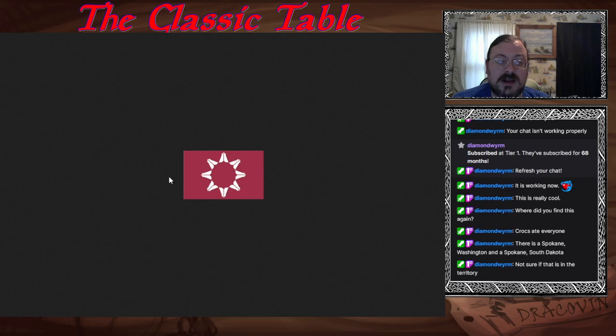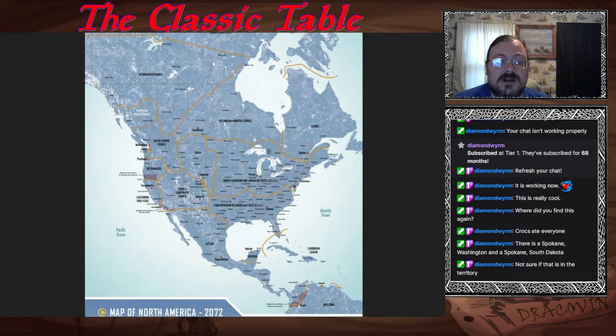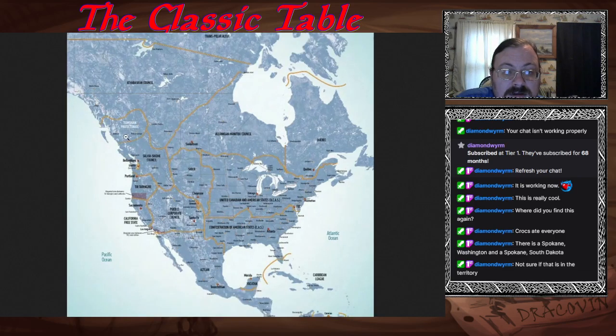Again, I would recommend you look into the Native American Nations books, any of them. Oh, sorry, I didn't flip over. There's the map of North America. It's so small, I can almost read that one. I think I can find a bigger picture of this for myself.